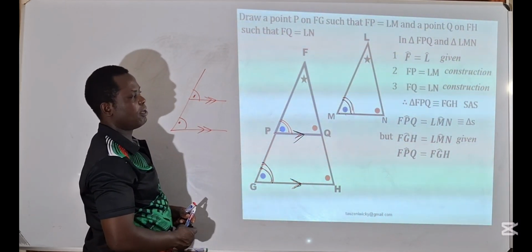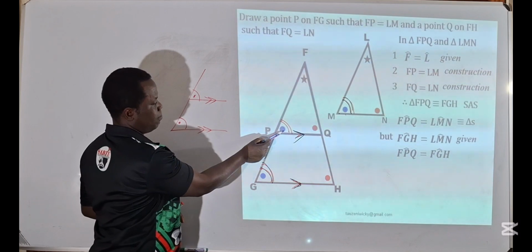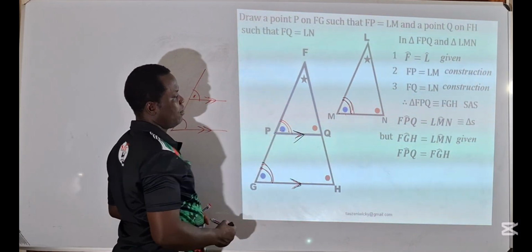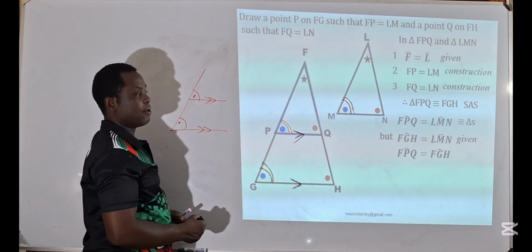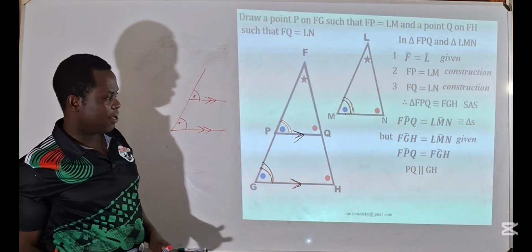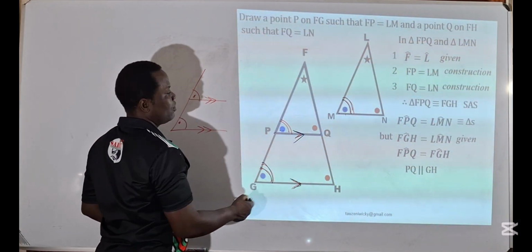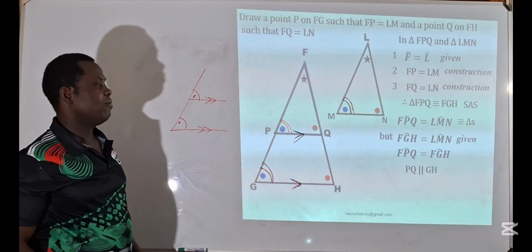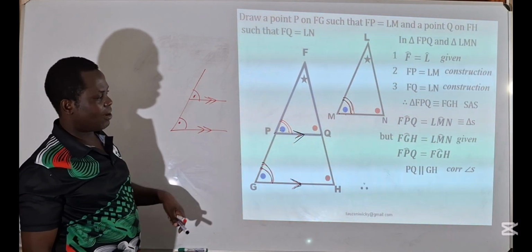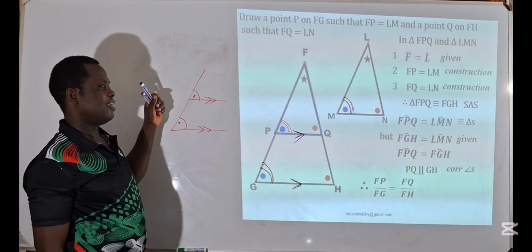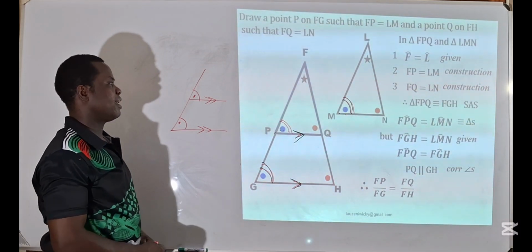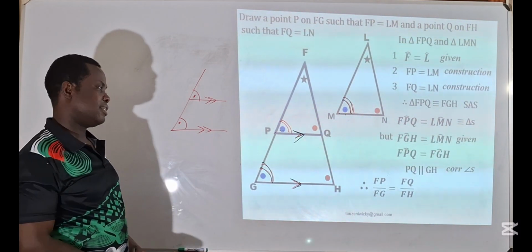So we can therefore conclude that the angle at P and the angle at M and at G, these are equal to each other. And if they are equal to each other, it means line PQ is parallel to line GH. Once we get parallel lines in a triangle, then we can apply the proportionality theorem.